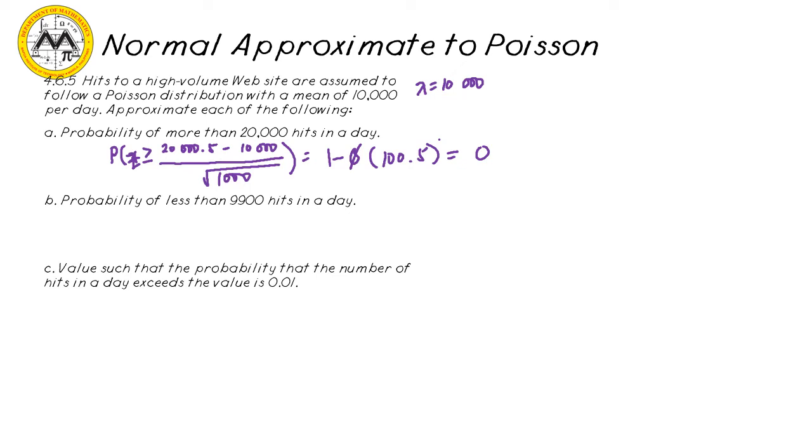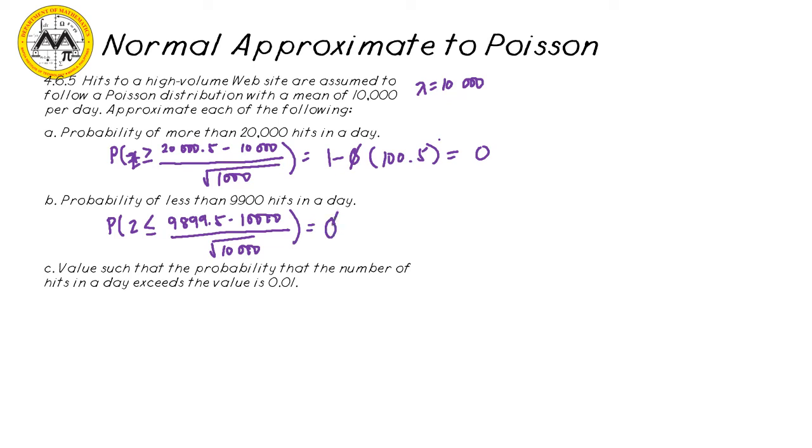Next, the probability of less than 9,900 hits in a day. So this is the probability that x is less than, so we're not going to include this, so that's 9,899.5 minus 10,000 over square root of 10,000.